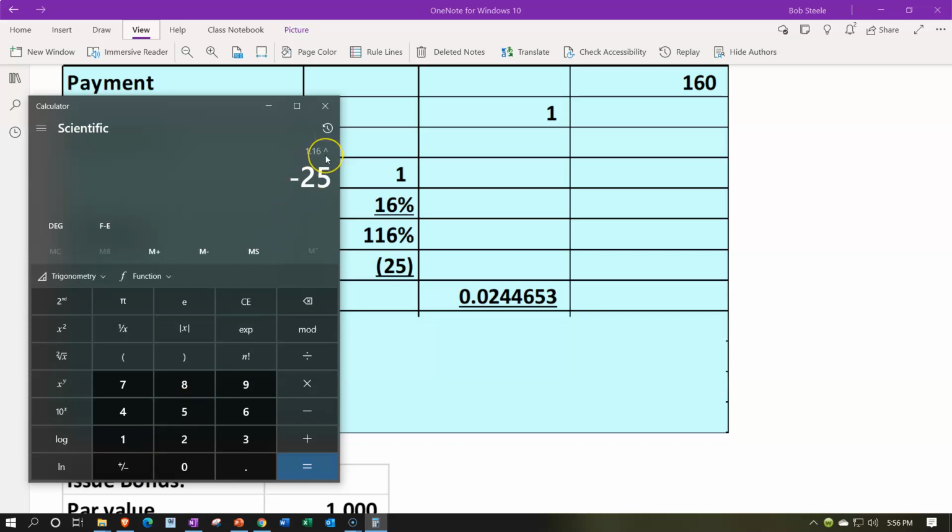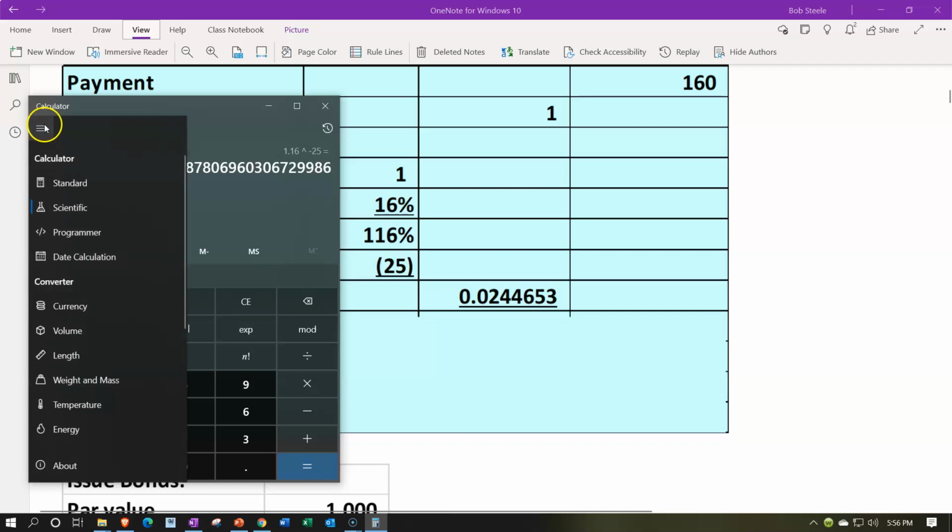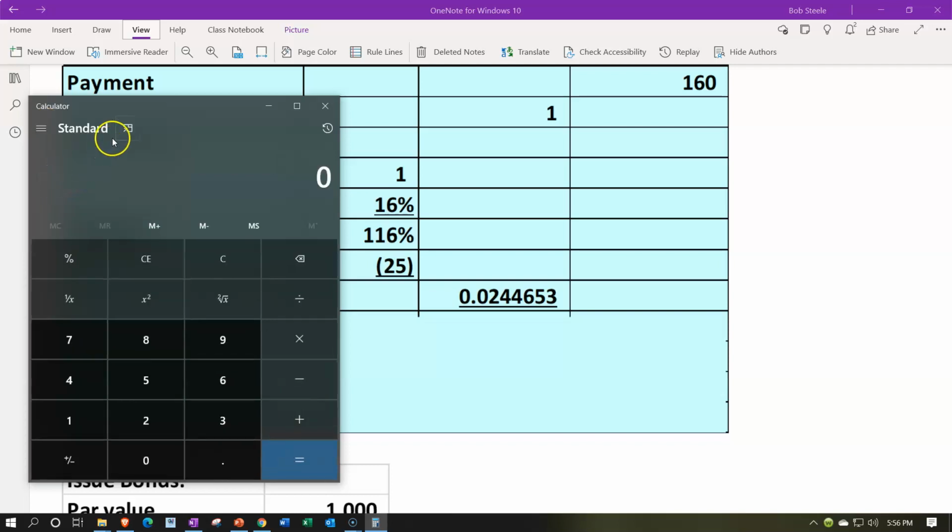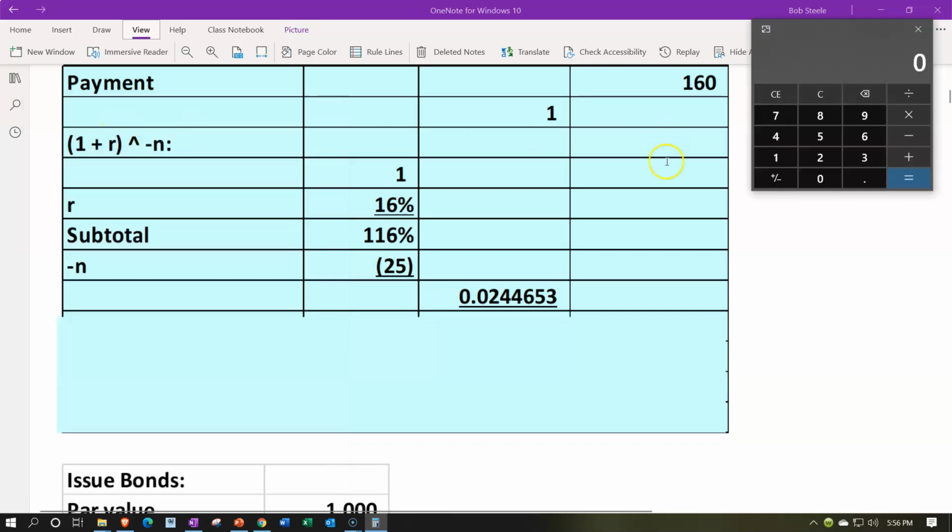So 1.16 caret to the power of negative 25 gives us that 0.0244653.